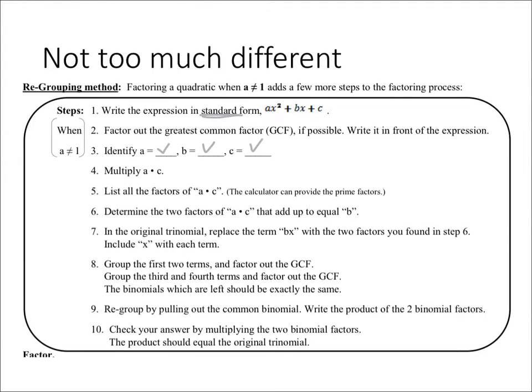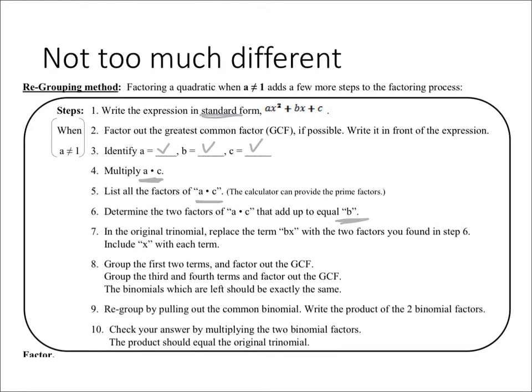Remember, those are the coefficients. But this time we're going to multiply a times c. So we multiply a times c, get a value, and that's what we're going to find factors of. Just like we did before, we're finding factor pairs that multiply to that value, but then add up to give us a different value, and that value is going to be b. So we're still working through that.